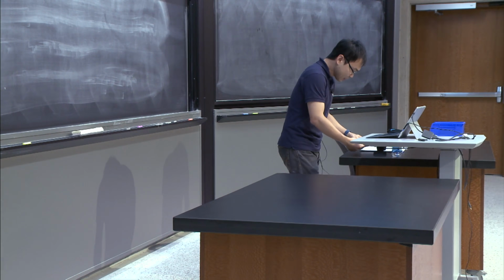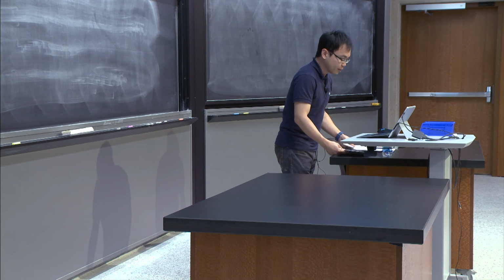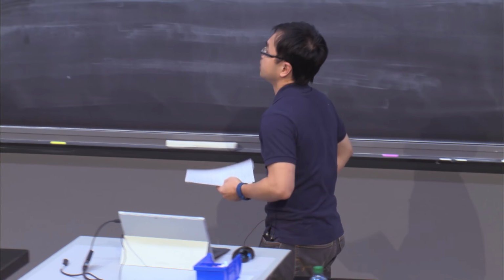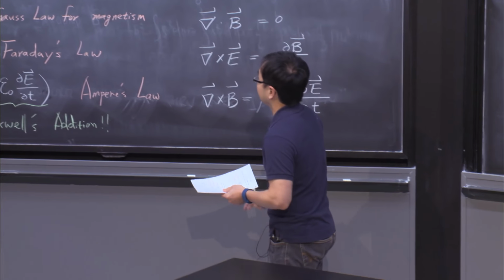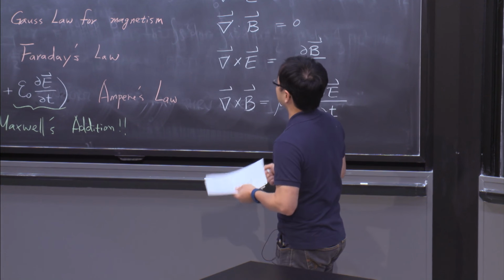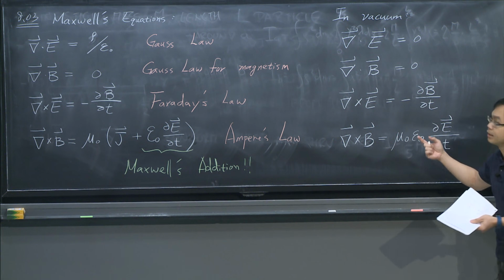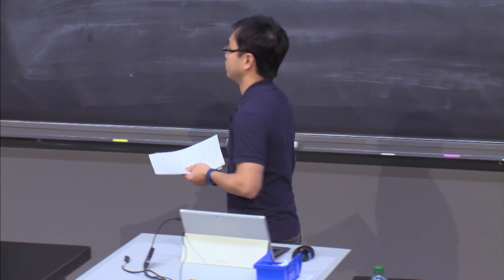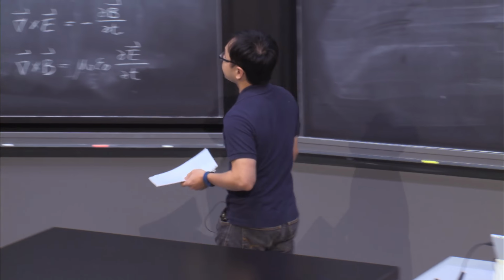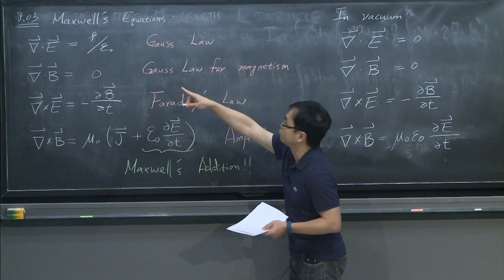All right? So what we are going to discuss today is a simpler case at the beginning. What will happen if we go to vacuum? Going to vacuum means there will be no material charges floating around, and that means rho will be equal to 0.